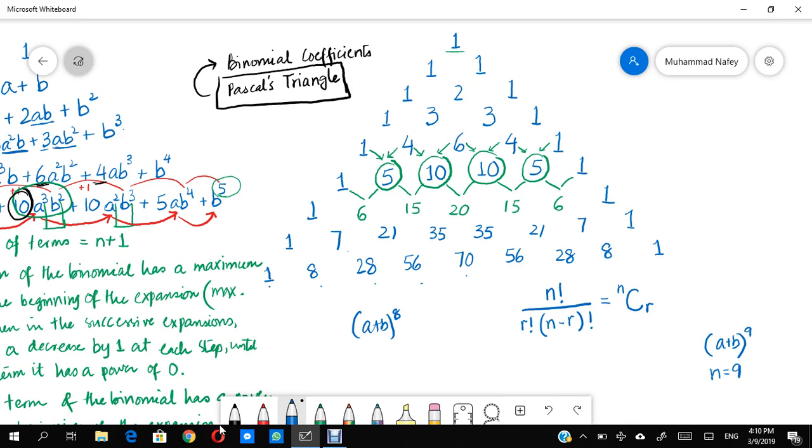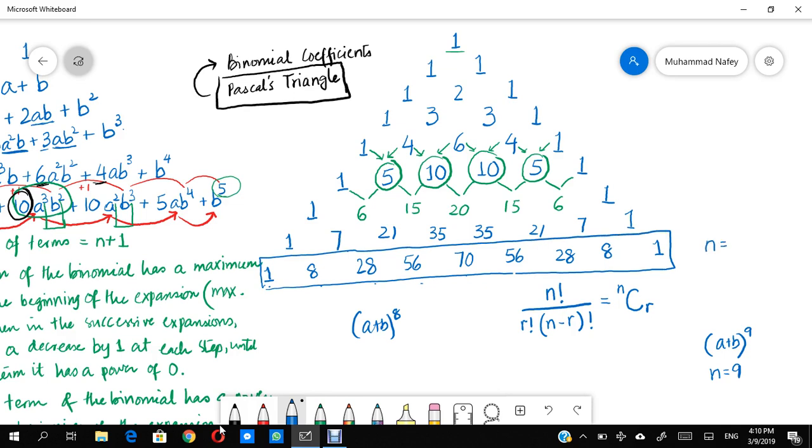Now here's a catch. If you take a look at this row here, this is a row of binomial coefficients obtained when n is equal to 8. So what's the total number of terms? The total number of terms is 9.